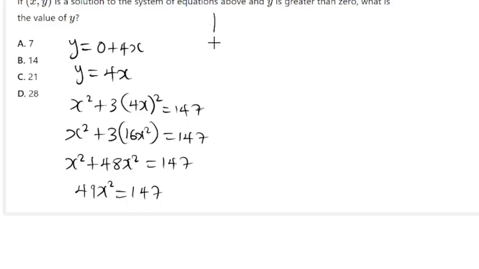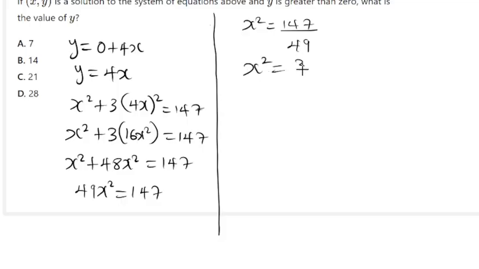So x squared is equal to 147 divided by 49, and this gives us x squared is equal to 3. So x is equal to plus or minus square root of 3.